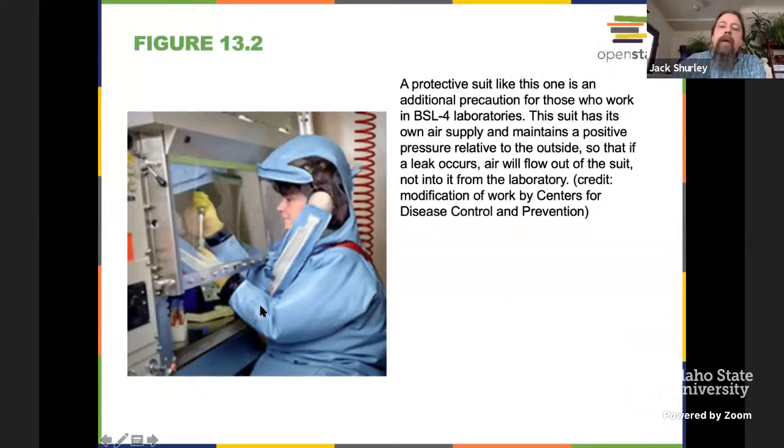There are other possibilities as I'm looking at this hood, where maybe we're not thinking about level 4 pathogens, but maybe you're working with an organism that's an anaerobe, something that can't tolerate oxygen. It might be something that you're also performing under a hood, and oftentimes in these circumstances, they'll have different gas piped in there that you would be manipulating stuff under.